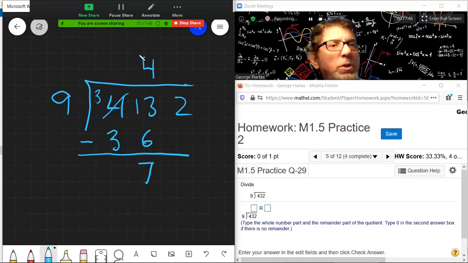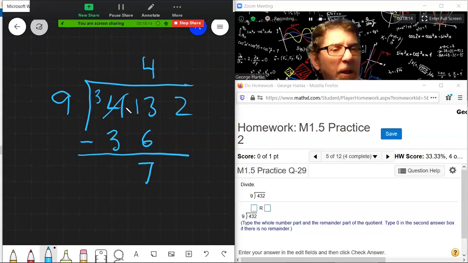If we would have chosen 3, that would have been too low, and we would have gotten a bigger number than 7. So basically with division, short or long division, you're looking to see how many times this divisor can divide into the dividend as close as you can. You want to get as close as you can to the dividend without going over.